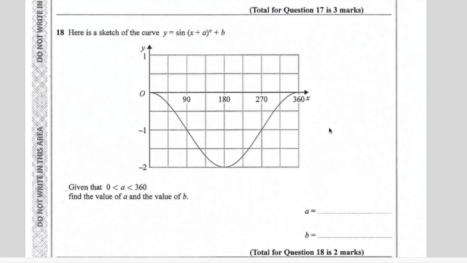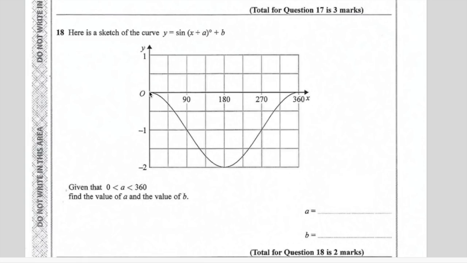However, this doesn't require a calculator, so this could technically show up in a non-calculator paper. So this one gives you a sine wave, but it's been shifted down and across, and you have to find the values of a and b in this equation. Also, the period has been elongated a little bit.